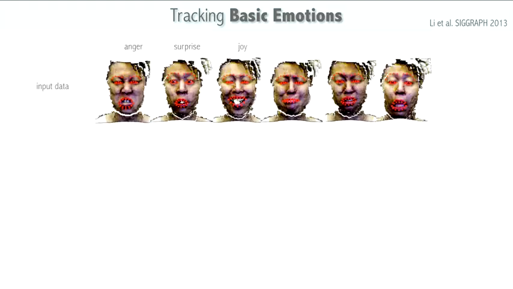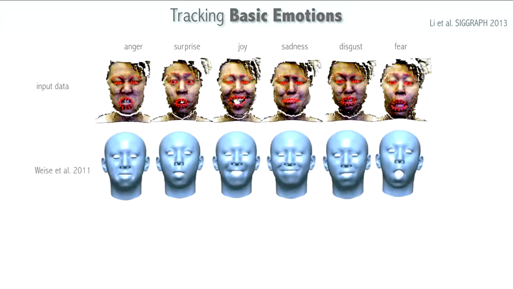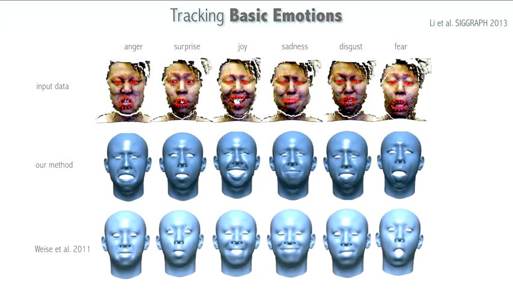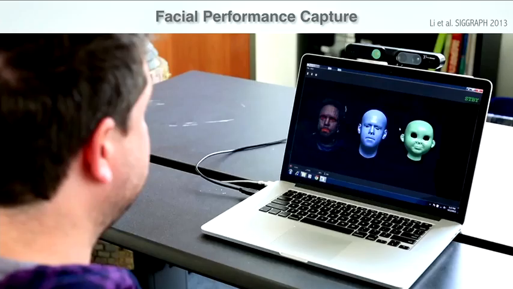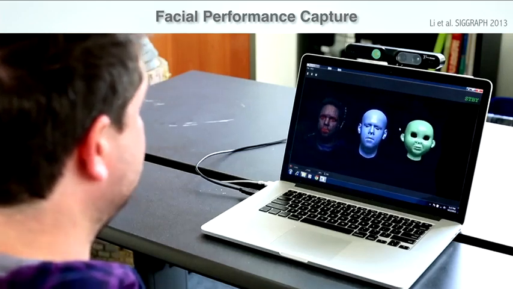Here's a little comparison of how it actually looks. From our earlier work, if you're only using a linear system, you see that the expressions aren't as expressive as with something based on per-vertex deformations. Let me show you a quick video of last year's SIGGRAPH paper.